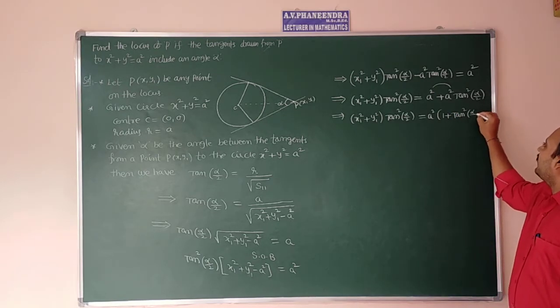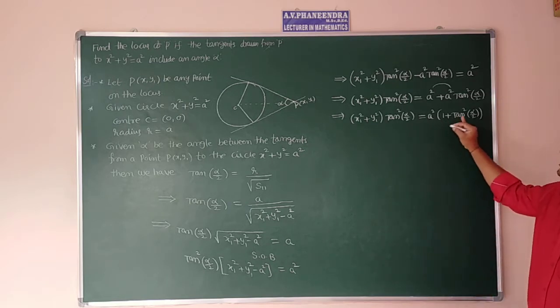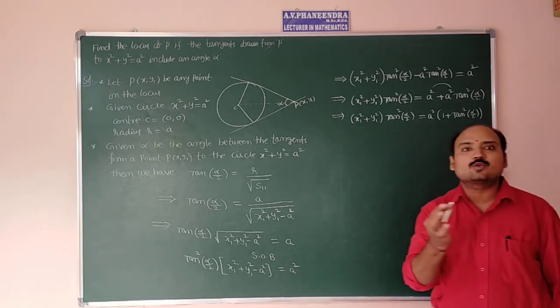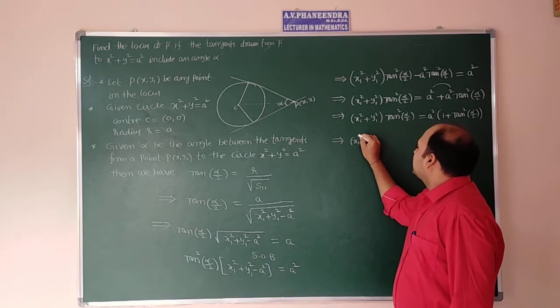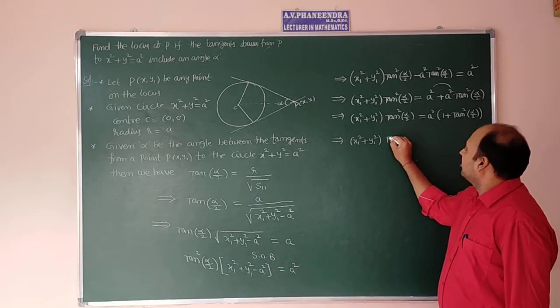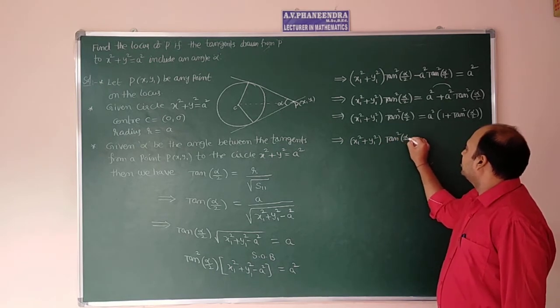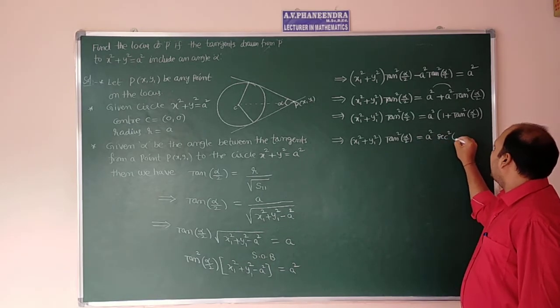We know that 1 plus tan square theta is equal to secant square theta. So 1 plus tan square alpha by 2 equal to secant square alpha by 2. That implies x1 square plus y1 square into tan square alpha by 2 is equal to a square into secant square alpha by 2.